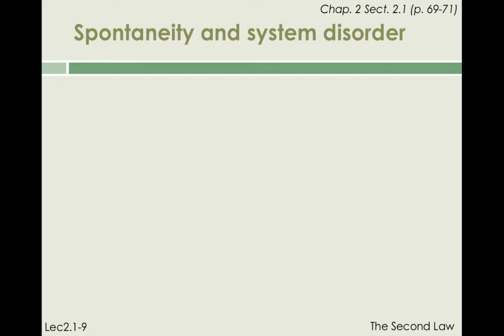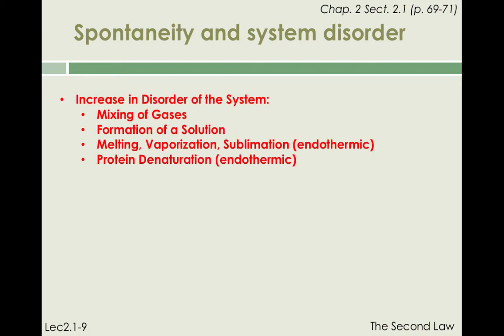There are many examples of spontaneous molecular level processes that are also accompanied by an increase in the disorder of a system. For example, the mixing of gases, the dissolution of a solute in a solvent, and endothermic phase transformations such as melting, vaporization, sublimation, and even protein denaturation, to name a few, are processes which can occur spontaneously under the right conditions and are characterized by an increase in disorder.